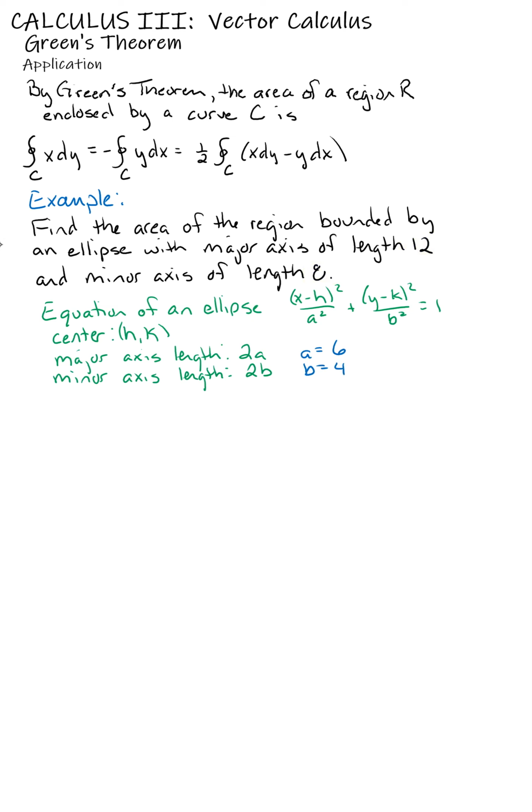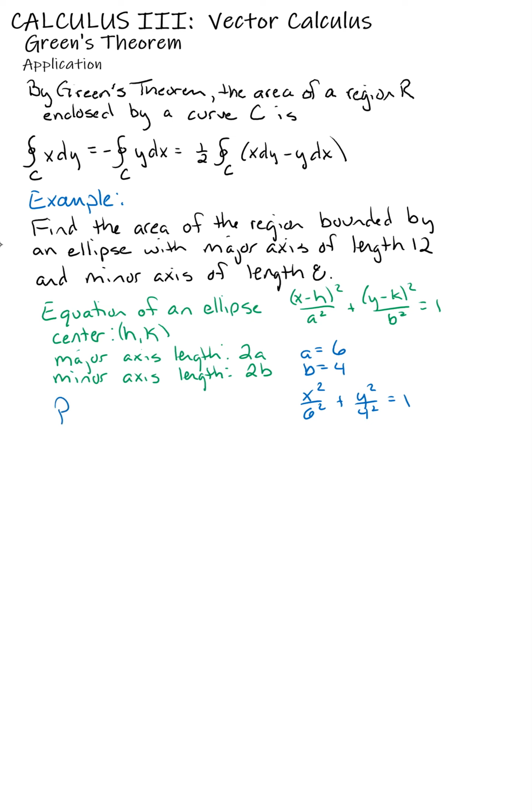Of course, we could write the equation of this ellipse, with center 0, 0, as x squared over 6 squared plus y squared over 4 squared equals 1. But in this situation, it would be much easier to write it in parametric terms, looking at x and y independently.